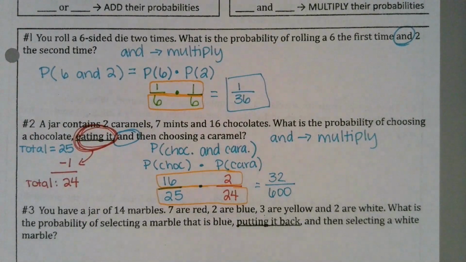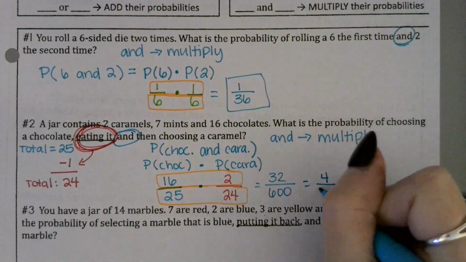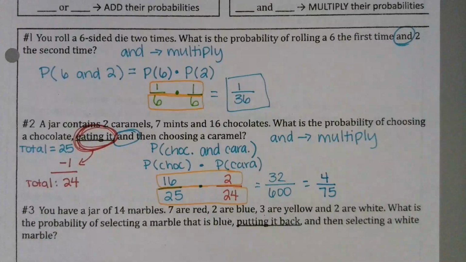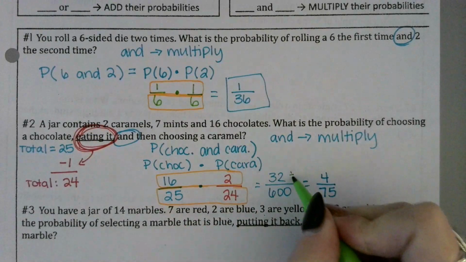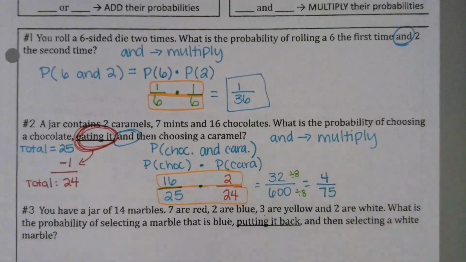We can simplify. Good. One more time, Gabriel. It's 4 over 75. These are both divisible by 8. I'll write that in really quick. If we do 32 divided by 8, it's 4, and 600 divided by 8 is 75. Good job.